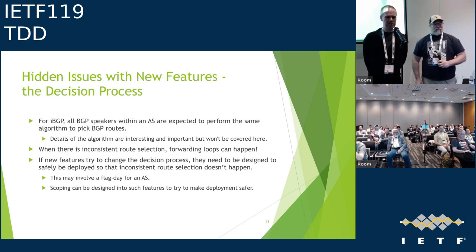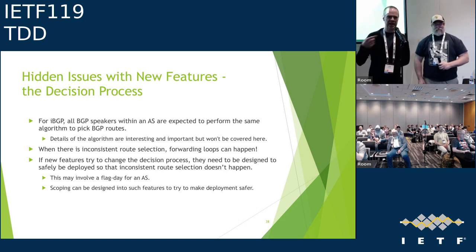Okay, what are we talking about here? Yeah, the decision process is super important and super fiddly, and we're not going to dive deep into it because of the super fiddly part. But in particular, within an AS, especially if you're doing hop-by-hop forwarding, it's of paramount importance for everybody to be running the same decision algorithm.